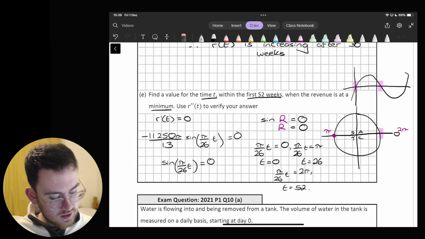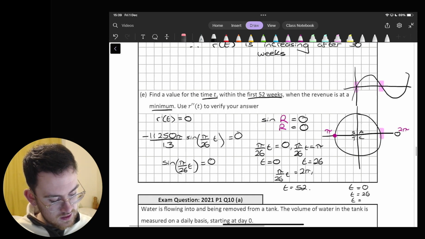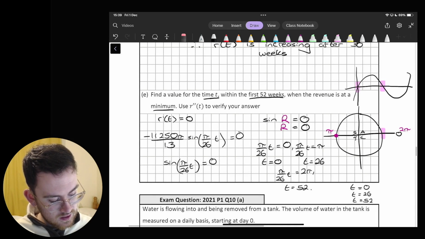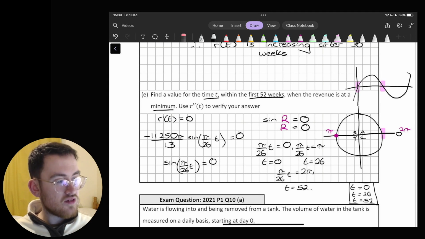Now we were asked within the first 52 weeks, so that's what we've come up with here: 0, 26, and 52. If we're looking within the first 52 weeks, we might just be taking the 26 there.